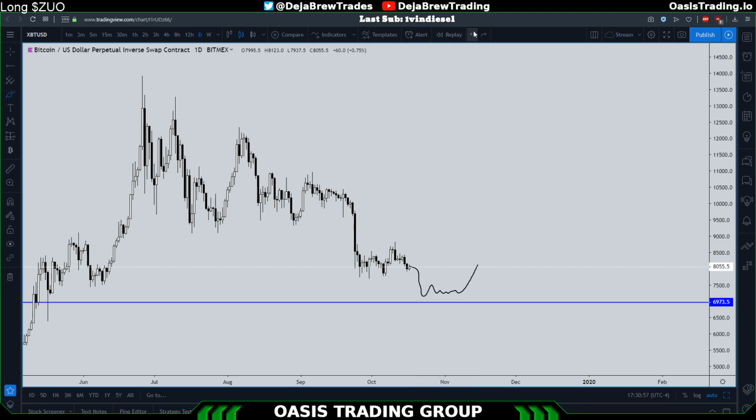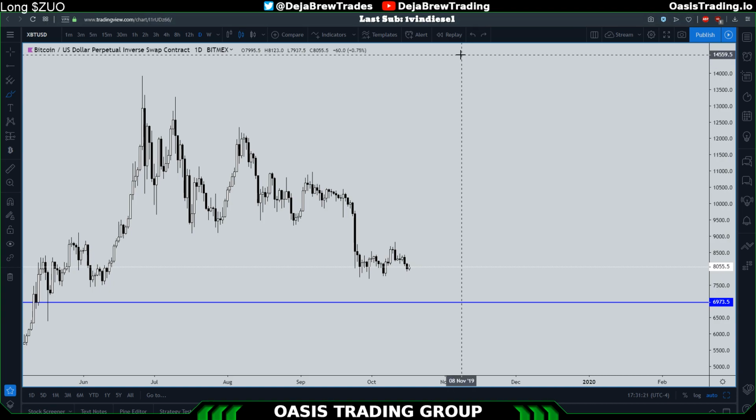So if it bounces early, or if it rejects early if you're trading a resistance, you can at least have some of your trade filled instead of missing the entire move. So one pro of laddering is if it bounces early, you still have some of your position filled.